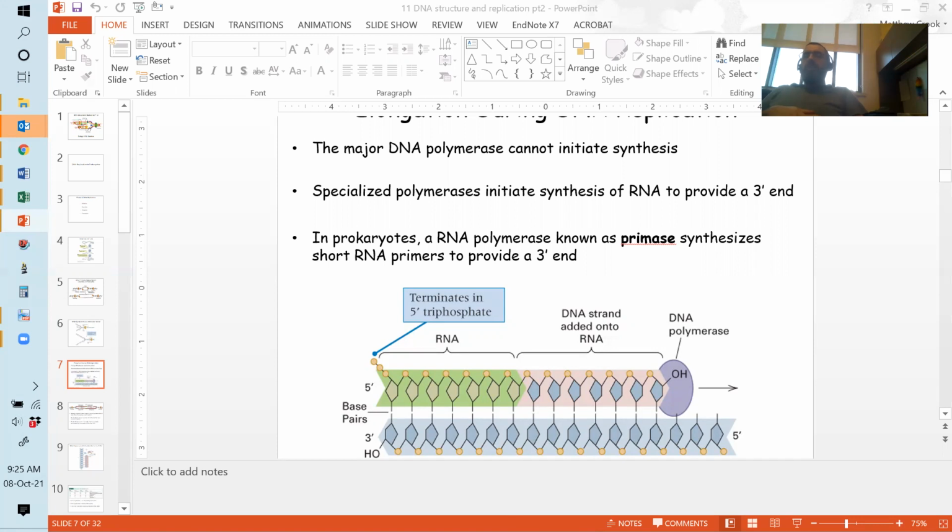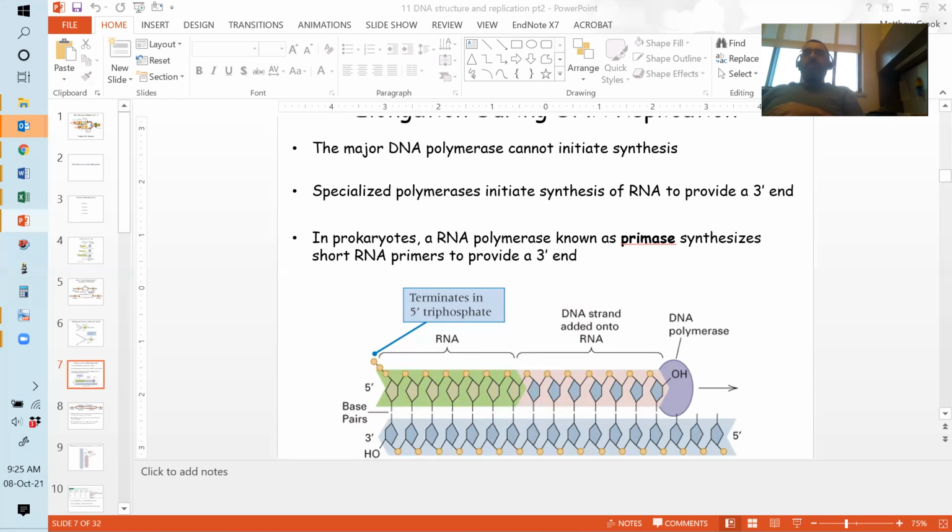How many do you think you'll need? What is the characteristic of the leading strand? Yeah, just one, right? Because it's synthesized continuously. So you prime it once, off it goes.